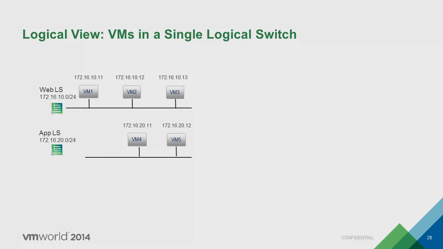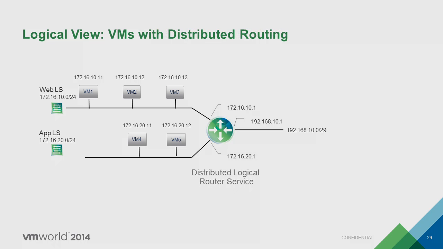The logical view of a routing function. Here we remember our multi-tier applications. Now we add a logical router. When we create a logical router, that logical router will have 2 logical interfaces, one connected to each logical switch. Each of the logical interfaces will be the gateway for all the VMs on that logical switch.